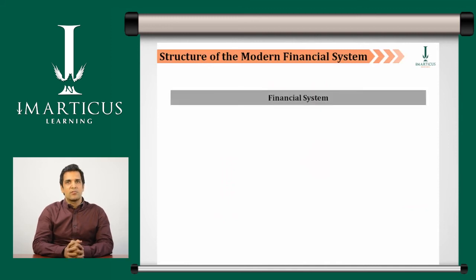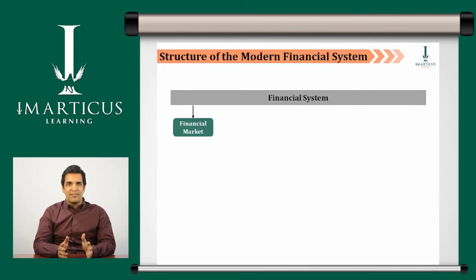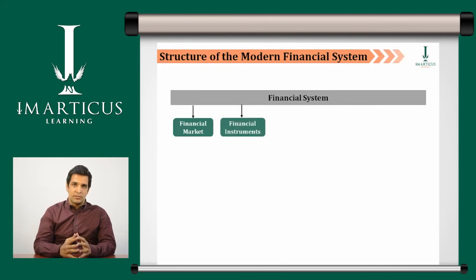Let's now look at the structure of the financial system. Each of the bodies of this structure is crucial for the functioning of a financial system. We have financial markets providing a place for financial transactions. We have matured and developed financial instruments catering to the needs of both investors and borrowers.